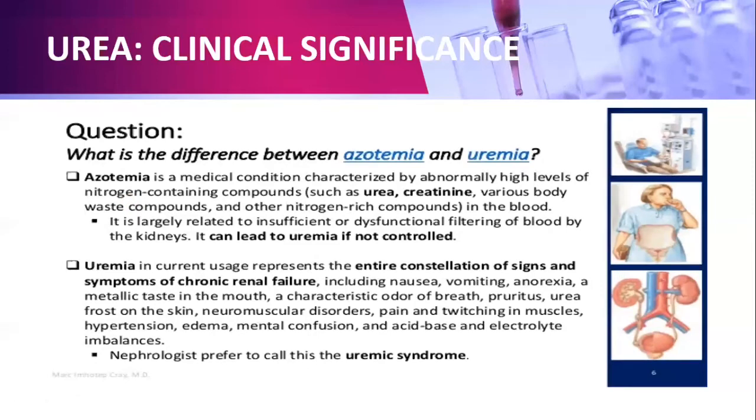That's why azotemia is characterized by an elevated level of urea in the blood, while uremia represents the entire condition and signs and symptoms of chronic renal failure. It is a toxic condition that involves a very high level of urea in the blood, accompanied by renal failure. Oftentimes, nephrologists refer to this as the uremic syndrome.